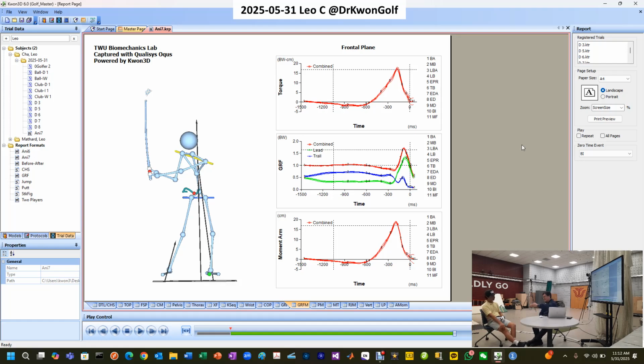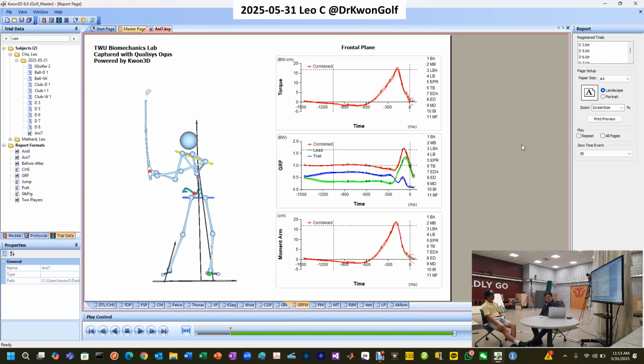If you can maintain the same angular velocity, then using a heavier club is beneficial because the club will have more momentum. But when you use a heavier club, the speed decreases. So we have a trade-off here. In terms of the best combination of club mass and club speed, you need to find that.